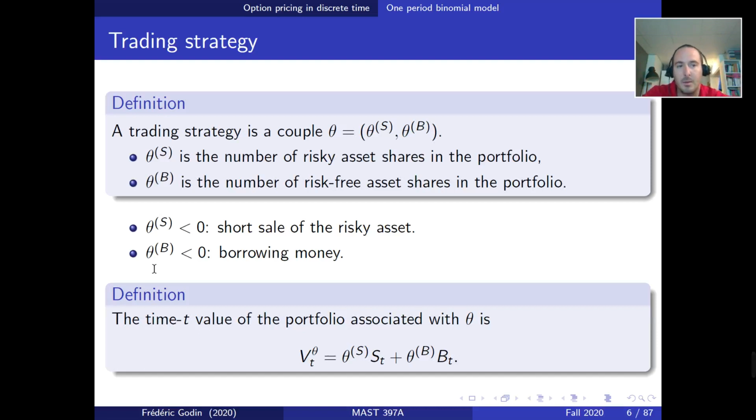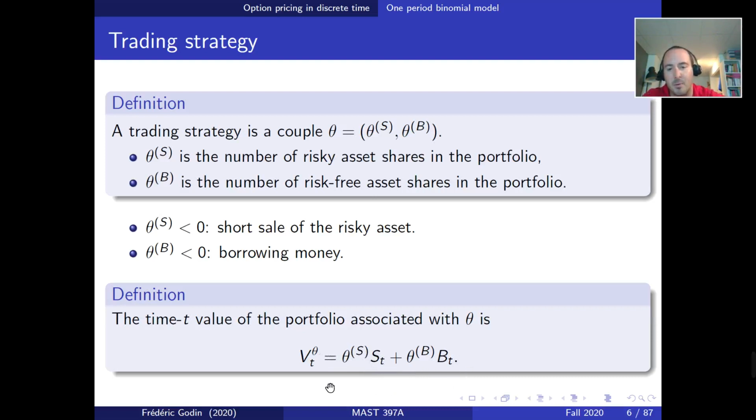Based on this trading strategy, we can define what we call the portfolio value at time t. Here V_t theta stands for the portfolio value at time t for the trading strategy theta. This is defined as theta S times S_t plus theta B times B_t.